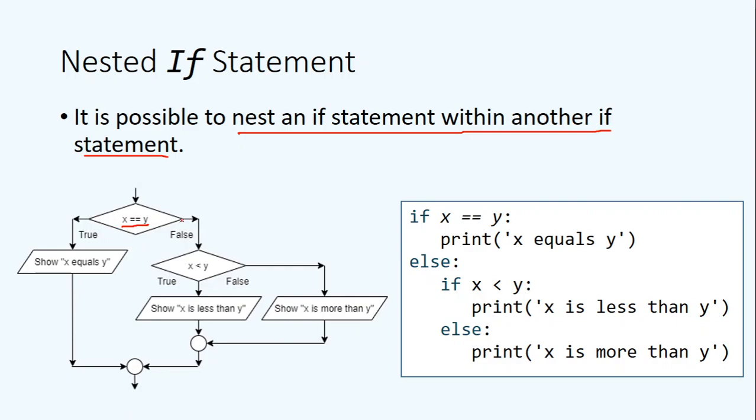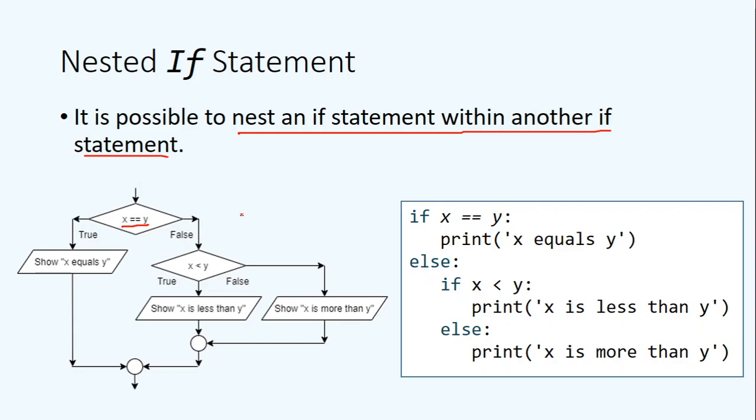And when it is false, there is another diamond shape which compares whether x is less than y. If it's true, it will show x is less than y. Otherwise, it will show x is more than y. And after that, there are two connectors, each joining their corresponding decision block.